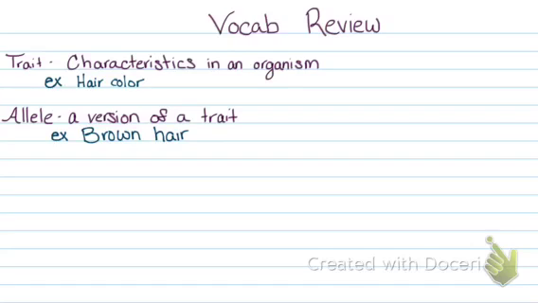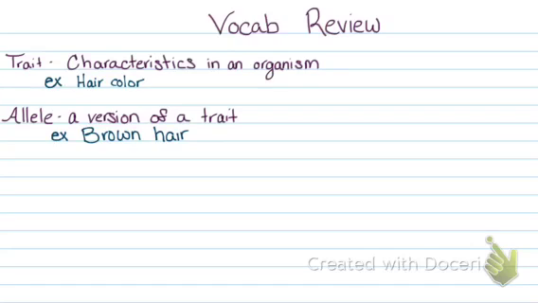For example, you could receive both a brown hair allele from your mom and a brown hair allele from your father. Or you could receive 2 different versions, 2 different alleles for the trait hair color. Your mom could give you a blonde allele, and your father could give you a brown hair allele.